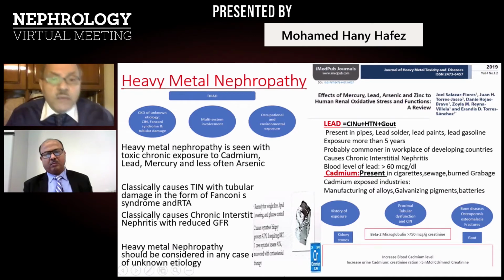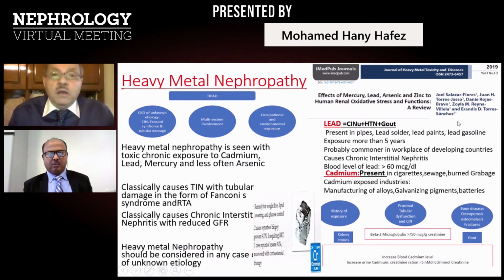Again, we have chromium, which is a remedy for weight loss, lipid lowering, and glucose control. But if you take it in big doses, you may have toxicity. Arsenic is present in some herbal medicine. And this is an important subject that has been in many new articles in 2019 and in 2020.